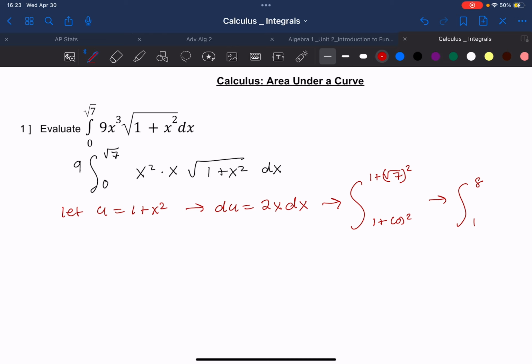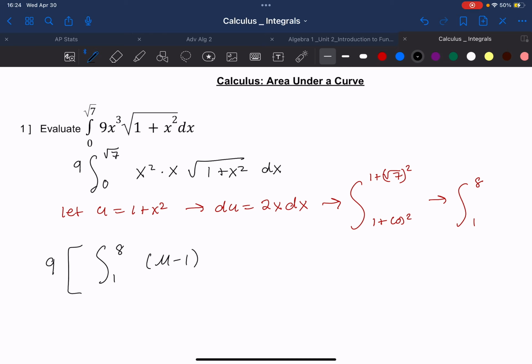Now I am going to plug everything in terms of u. And so what I have here is I still have that 9 that I took out in the beginning. I have the integral from 1 to 8. And instead of x squared or x, I'm going to write u minus 1. Okay, and sorry, I didn't mean to write mu.